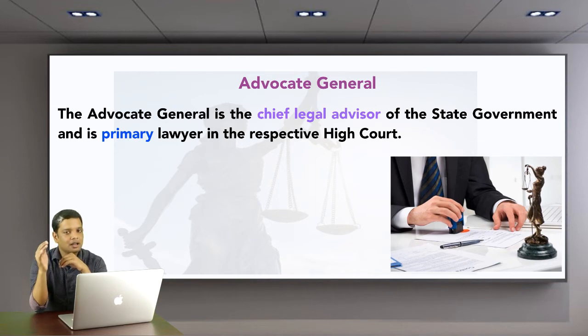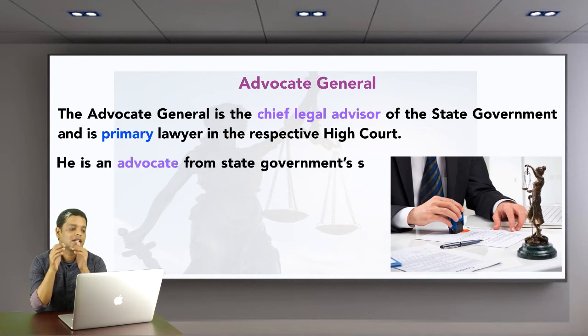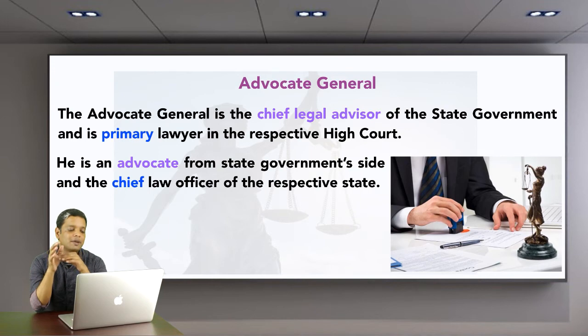So, as the Attorney General performs his duty at the center level, similarly the Advocate General performs his duty at the state level and holds the same position at the state level as the Attorney General at the center level. He is an advocate from the state government side and the chief law officer of the respective state.